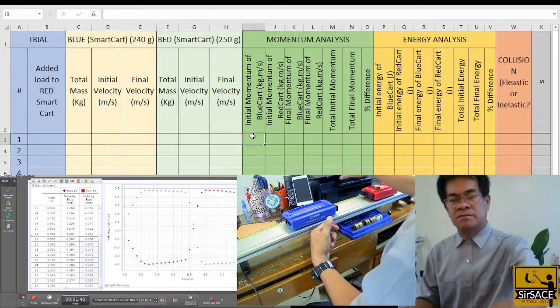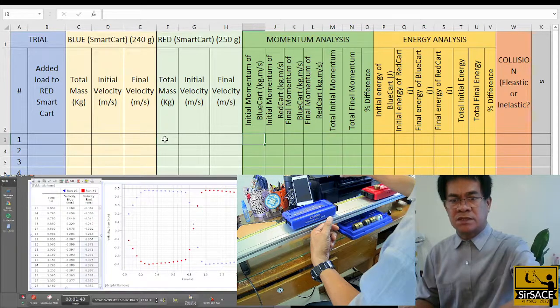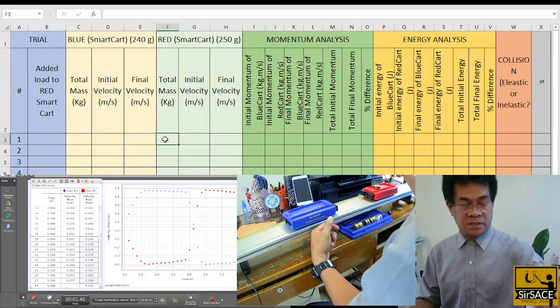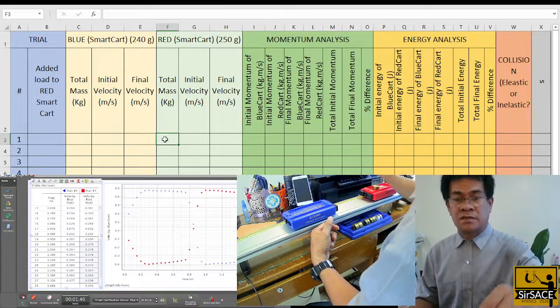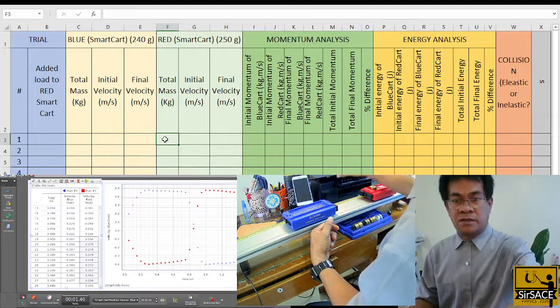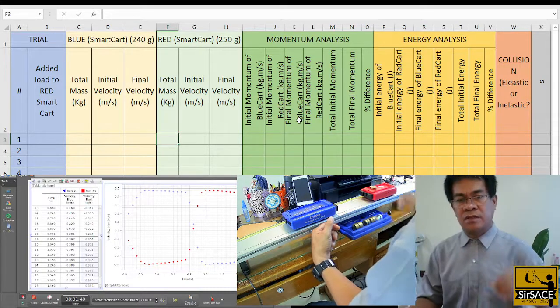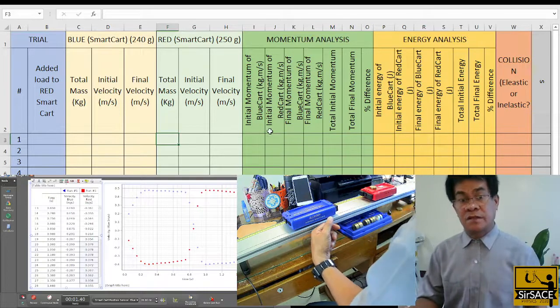After that, we also have to find the initial momentum of the red card. It should be the total mass, take note, the added load plus the 250 grams of the card. In this example, I have to put here 0.35 or 350 grams, then multiply it with the initial velocity, and that is the initial momentum of the red card.